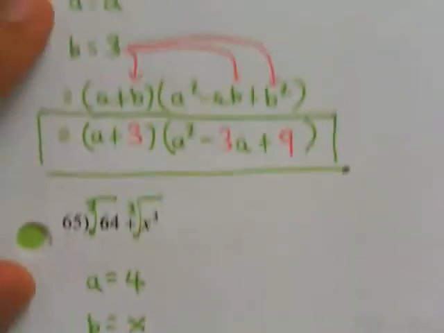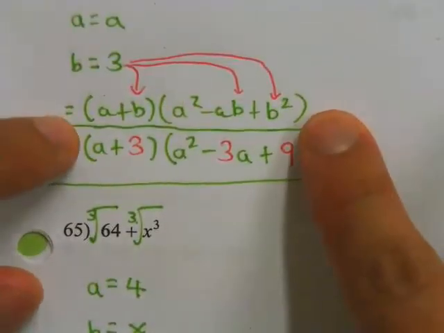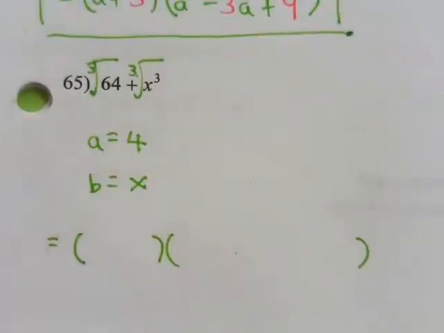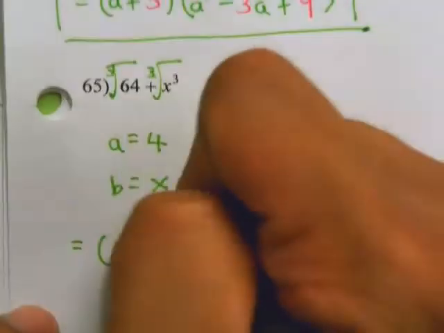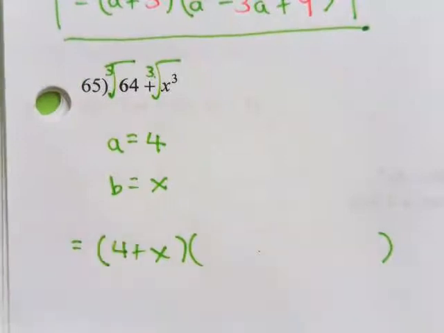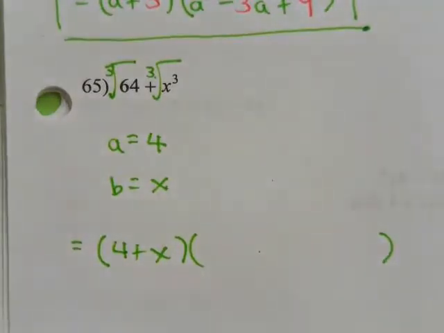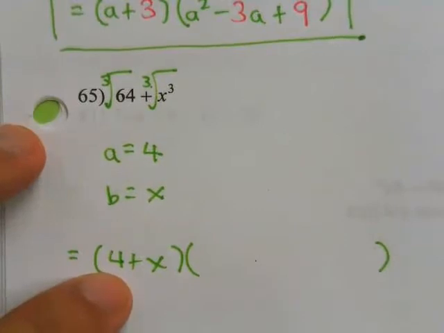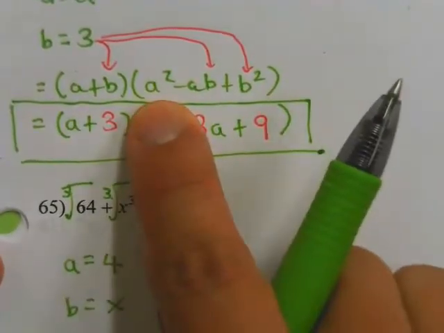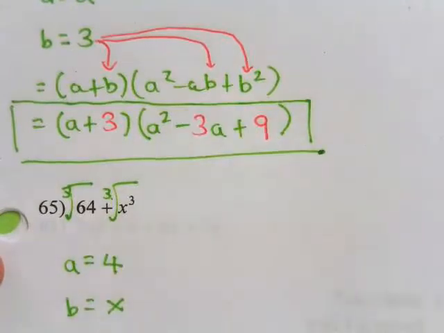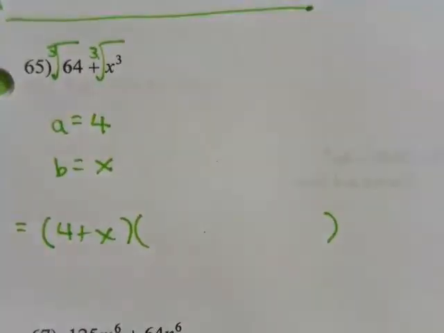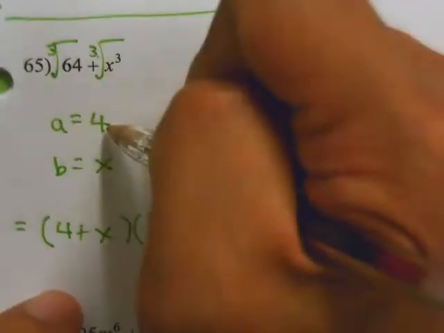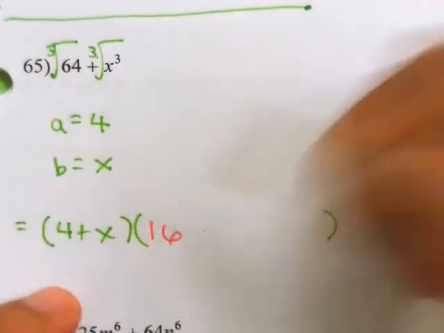Okay. So noticing again the structure, so a plus b. So I'm going to be particular. I'm going to write it as 4 plus x. Yes, it's the same thing as x plus 4, and you're not going to get much wrong, but it's just for structure-wise, I'm going to leave it like this. Okay. Now, a squared minus ab plus b squared. Okay. So 4 times 4 is going to be 16.